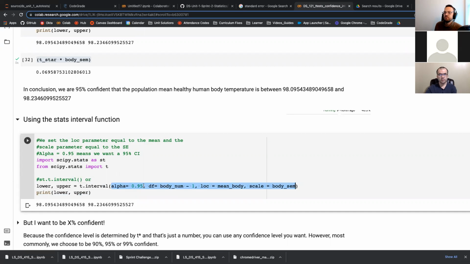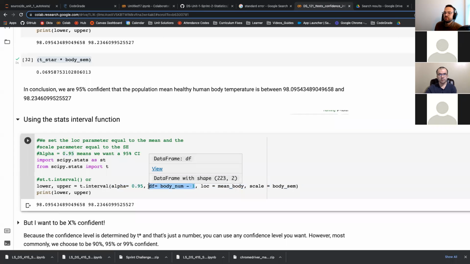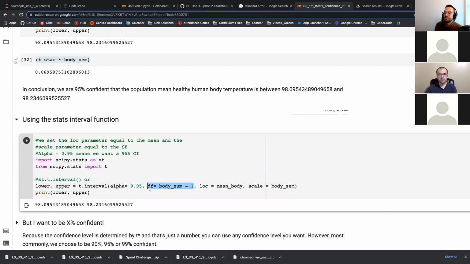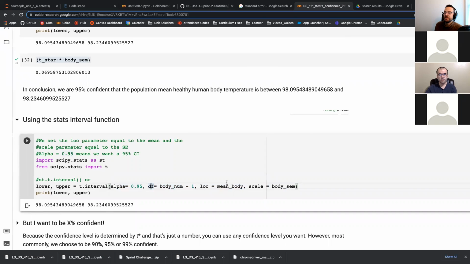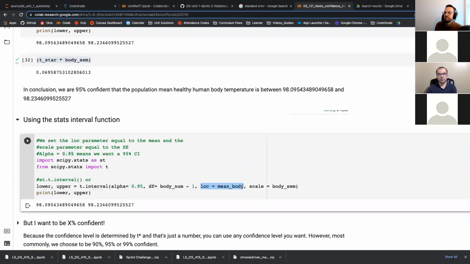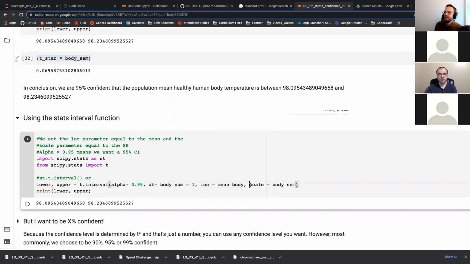The location, you essentially take your alpha, the degrees of freedom. In this case, it's what you want to keep track of. I know DF can get mixed up with the data frame itself. Your starting value in a distribution and the scale to which that measure takes place. The rest of it, the T star, gets calculated as part of these arguments from T interval.